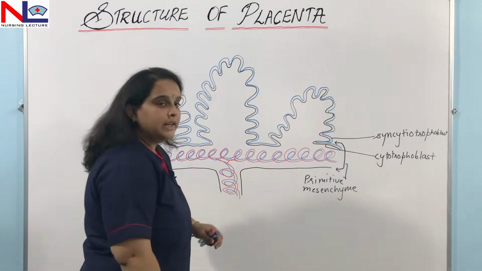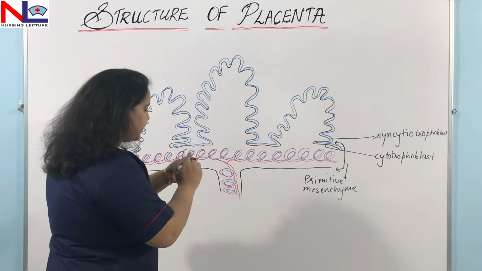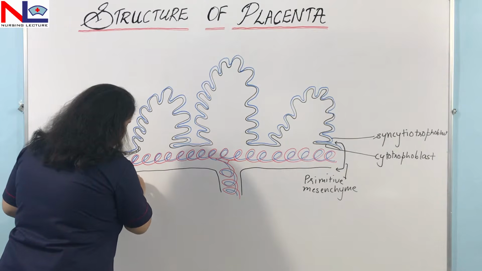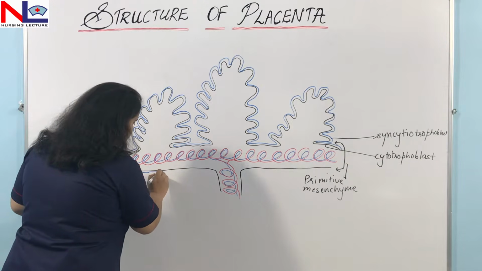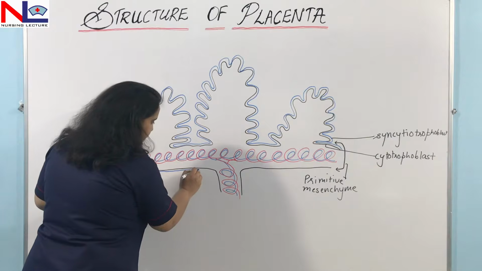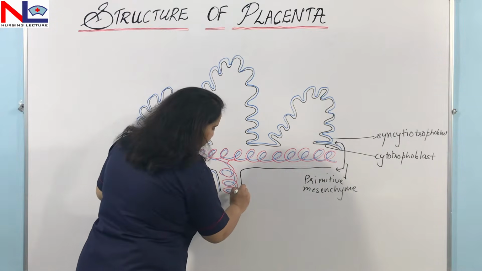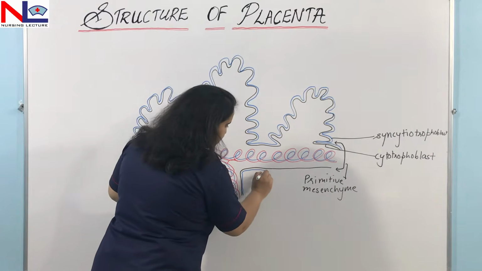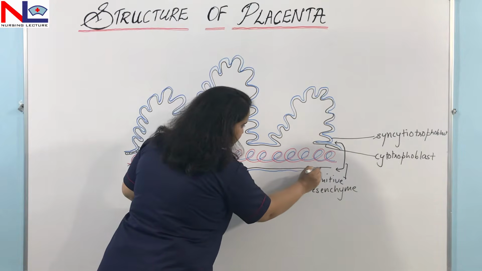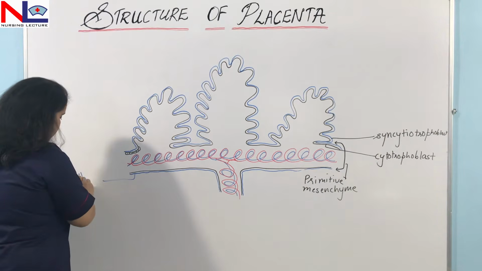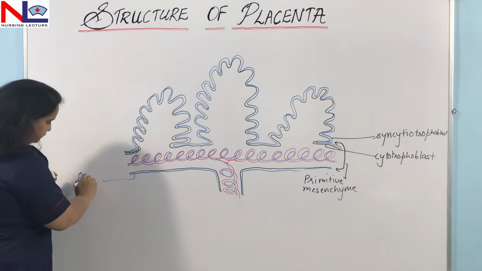And this inner layer, that is primitive mesenchyme, is internally covered by a thin cuboidal epithelial lining which forms the inner fetal membrane. What is this? This is the amnion.